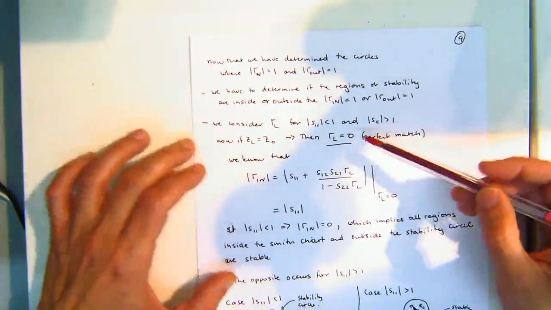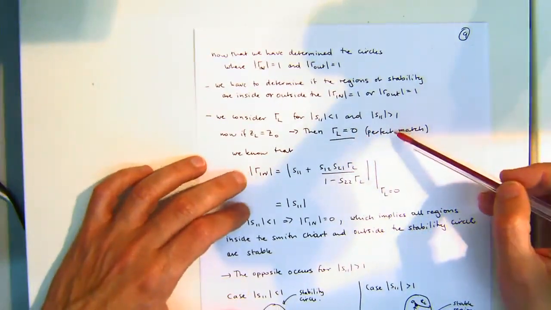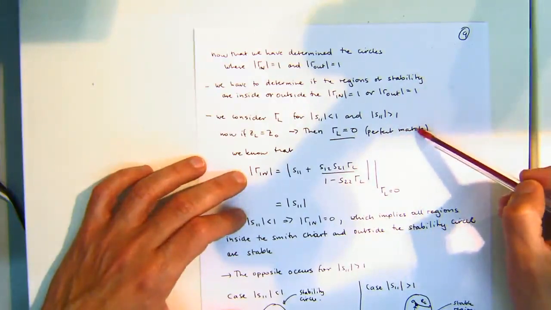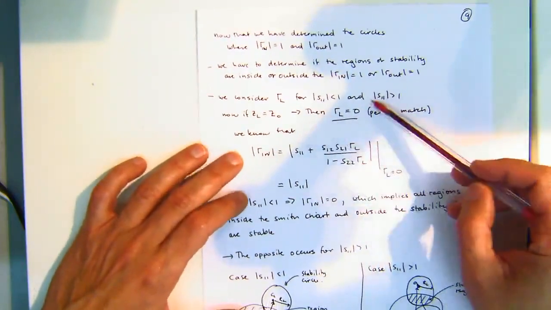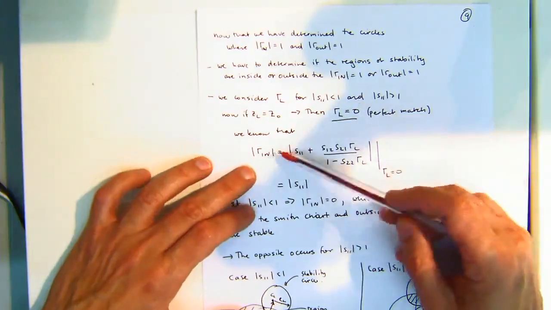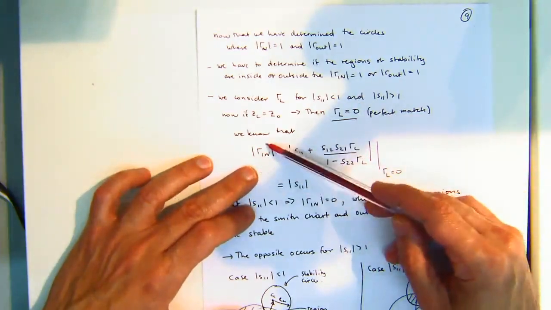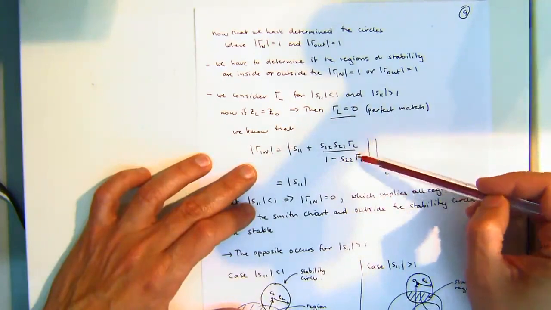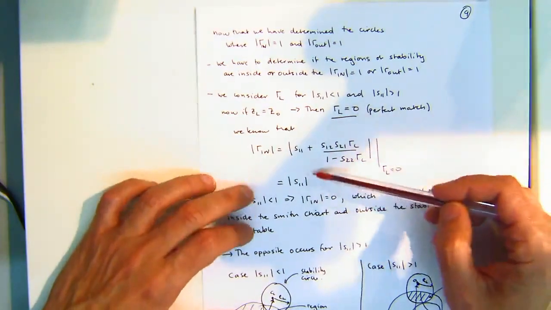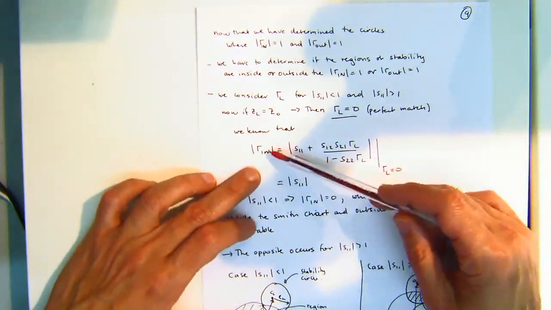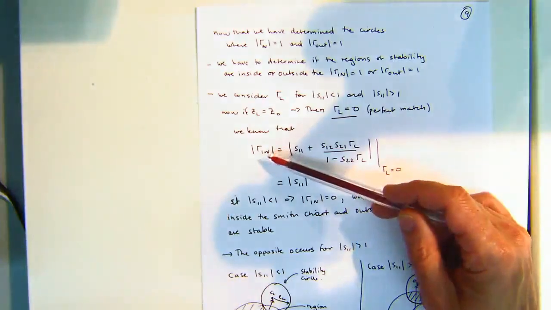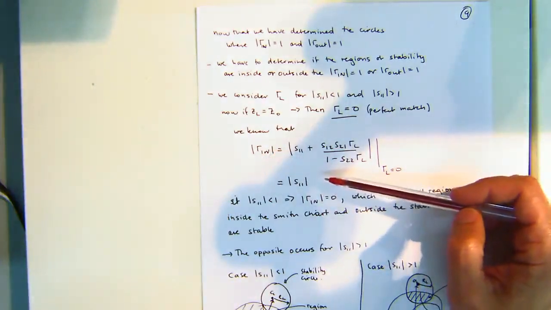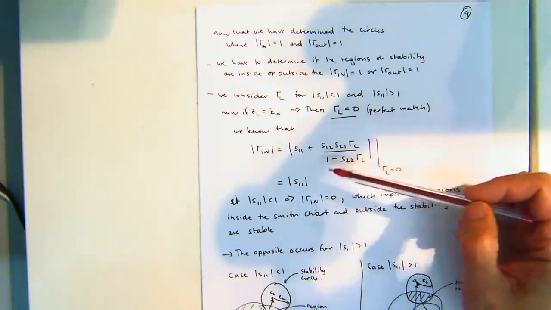For that case we have a perfect match, so gamma L equals 0. When we substitute gamma L equals 0 into our equation for the input reflection coefficient, what we're left with is that the magnitude of gamma in is equal to S11.